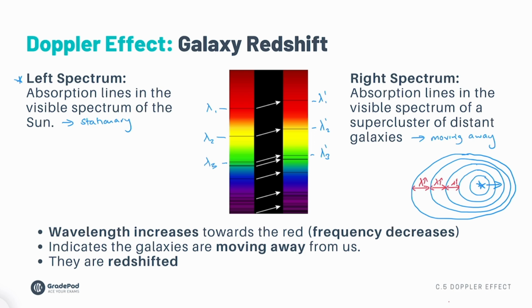An increased wavelength means it shifts towards the red end of the spectrum. The direction it's moving towards bunches up, the waves all bunch up, and the wavelength decreases. The frequency increases, and that end of the spectrum is blue. So if the galaxies were moving towards us, we'd see a blue shift, and all these spectra would have moved that way. But the fact that they have red shifted means the galaxy is moving away from us.